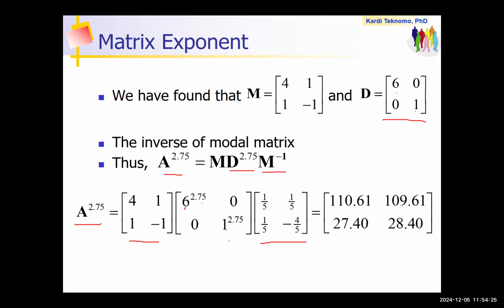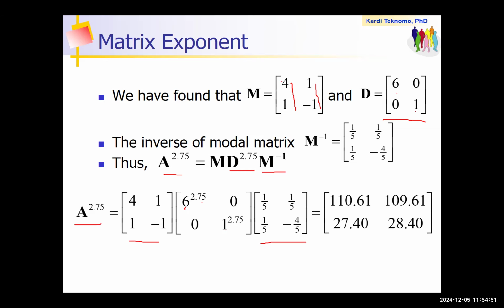First, you make a modal matrix and a diagonal matrix. Clear or not? M is the modal matrix, D is the diagonal. The modal matrix is just the eigenvectors. You concatenate them.